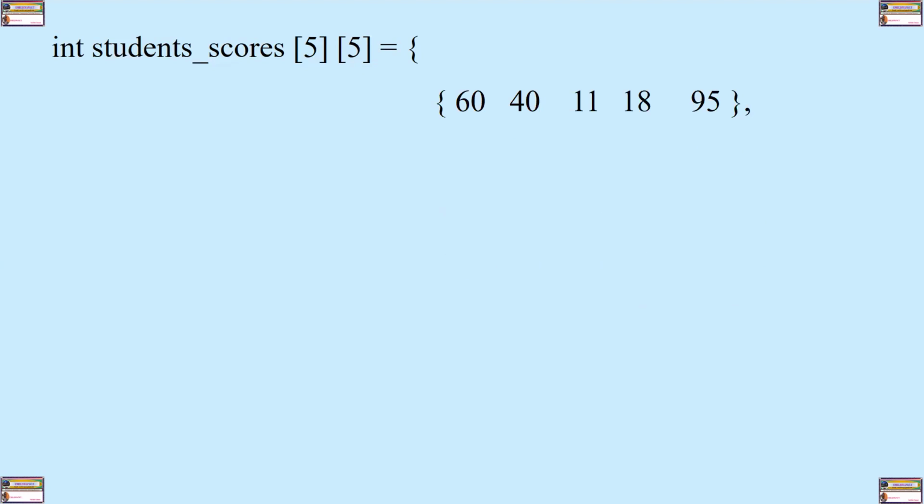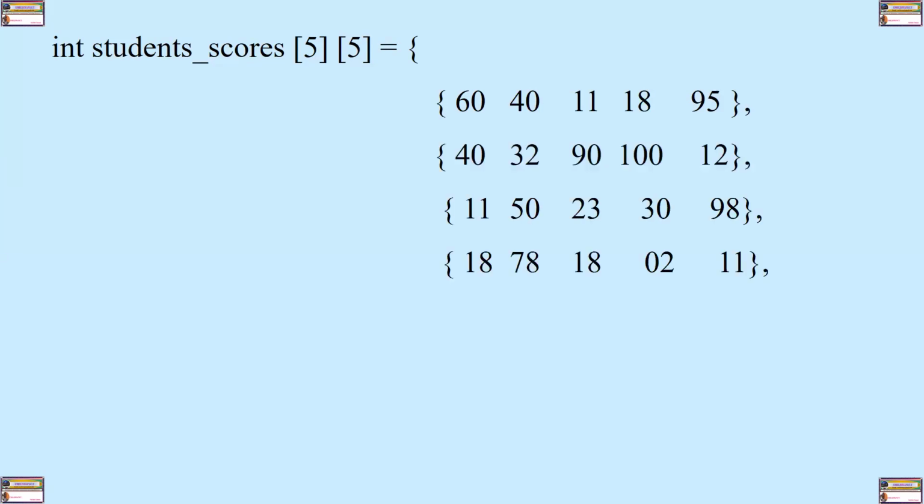If the compiler was to read this, it would tell that 60 is in the first column, 4 in the second column, 11 in the third column, 18 in the fourth column, 95 in the fifth column, all in the same row. Each of the rows is enclosed in a pair of braces. And lastly, because the entire set of rows and columns is for one array called studentScores, we enclose that with a brace and a semicolon.